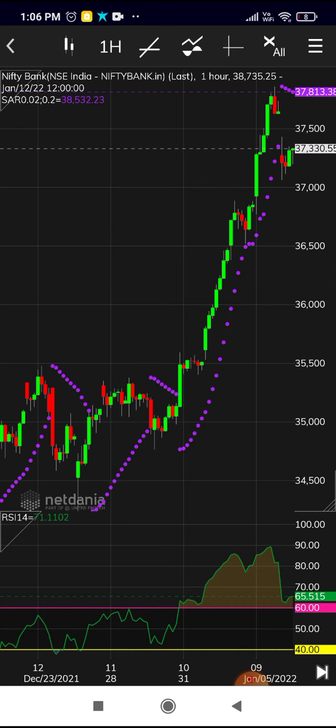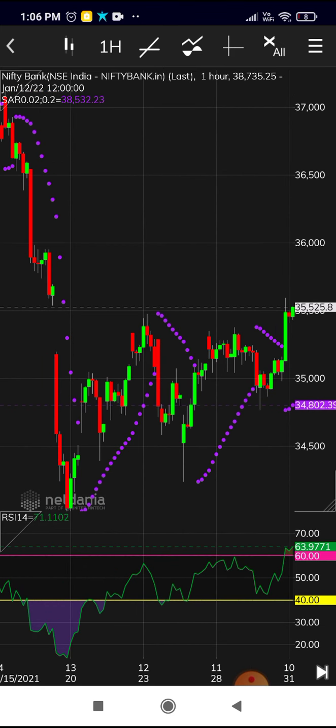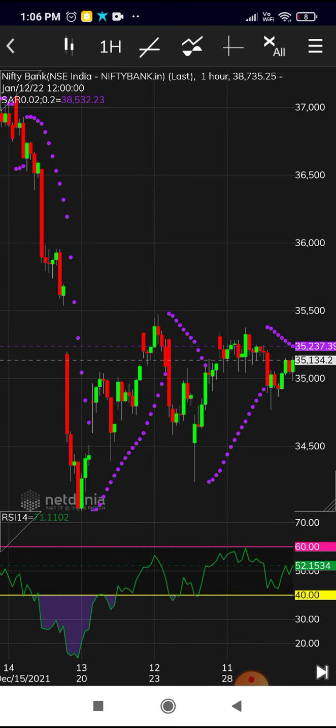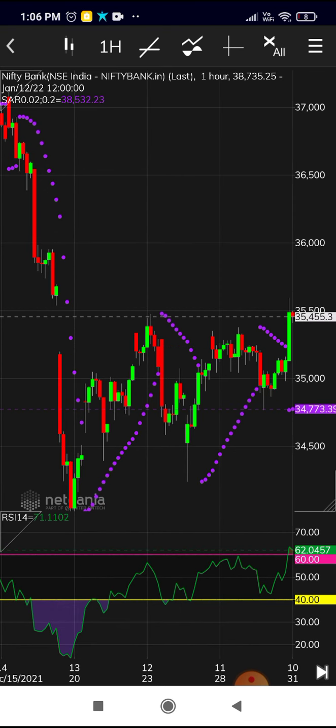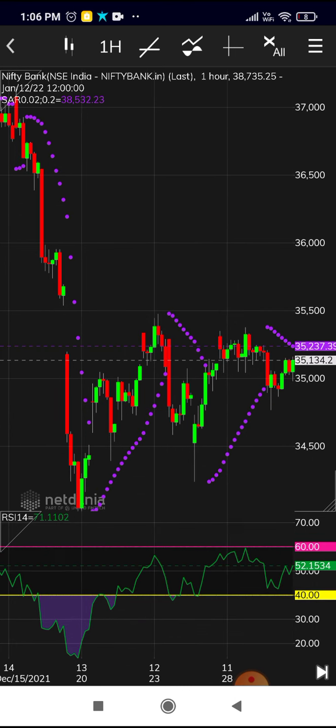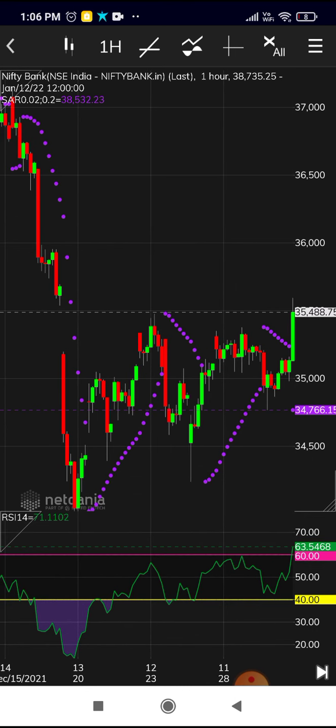Now if I go back and show you on the chart, recently the RSI crossed 60. You can see on the chart on the extreme right, the green candle there, the RSI value is 63 point something, and the Bank Nifty value is 35,488, right?